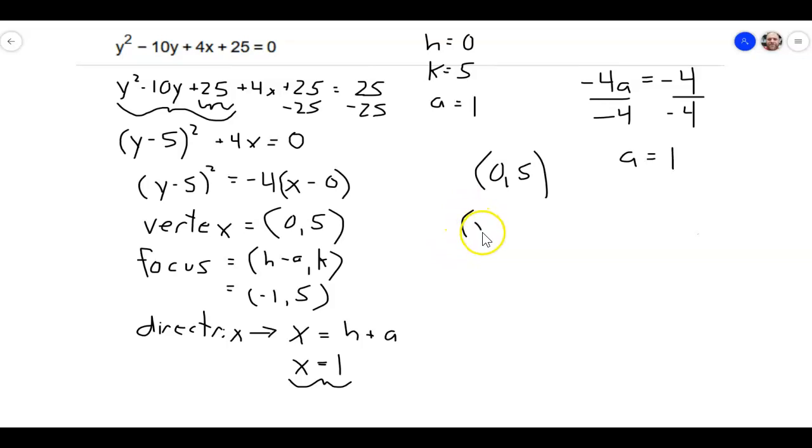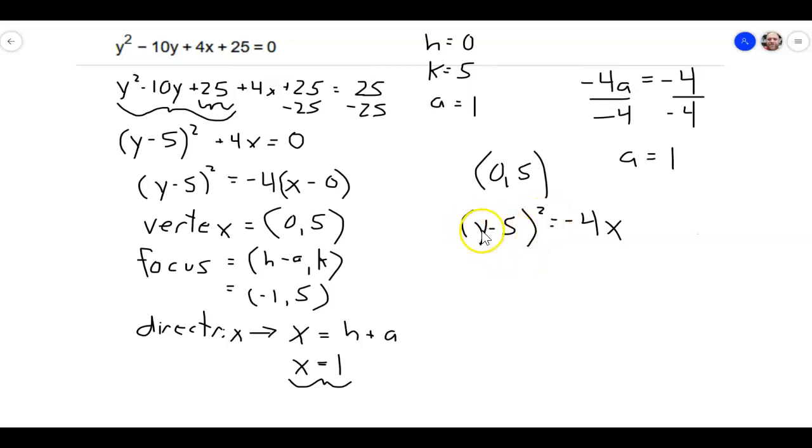So we have (y minus 5) quantity squared is equal to -4x. So I just need to find a point that works in here. How do I get this side of the equation to be a 4? Well, I need a 2 in here because 2 squared is 4.